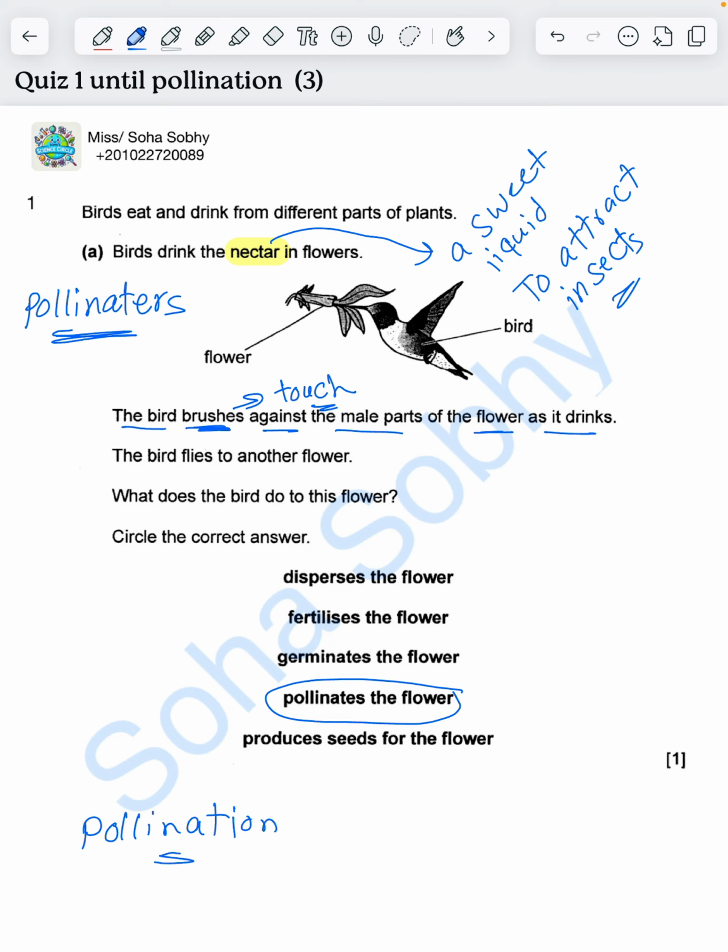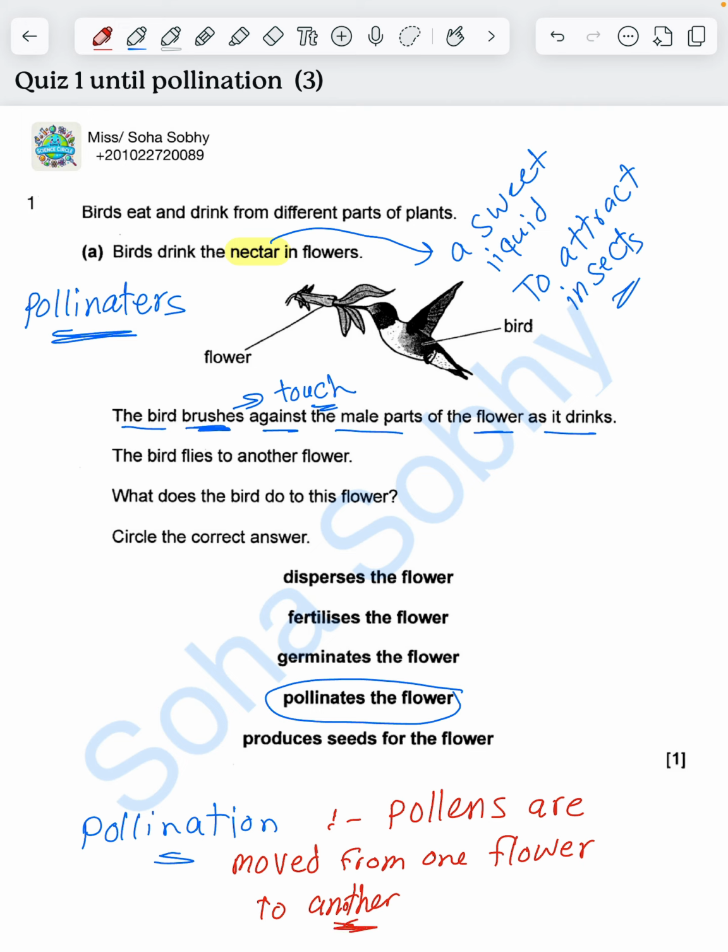Pollination is a process in which pollens are moved or are carried from one flower to another of the same kind. Okay, so again, pollination is the process when pollens are moved from the anther to the stigma by pollinators like insects, bees, and birds.